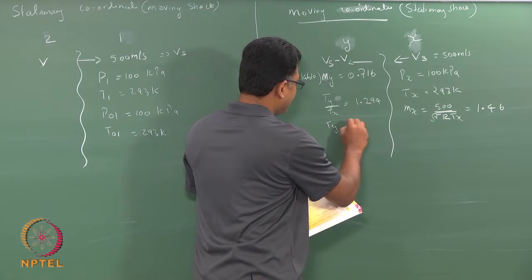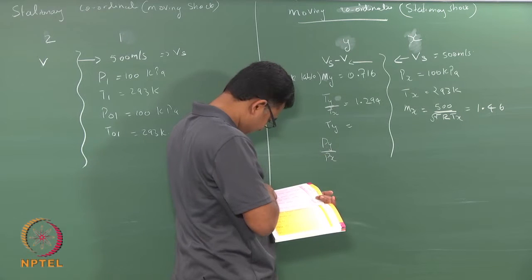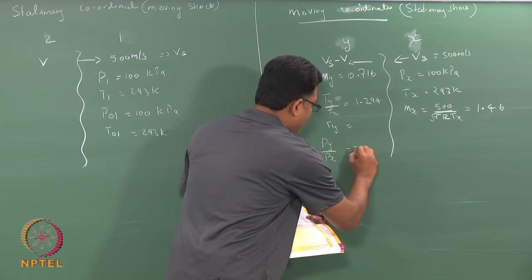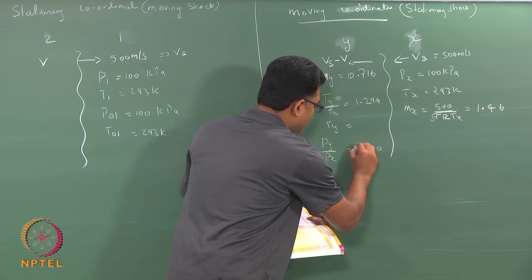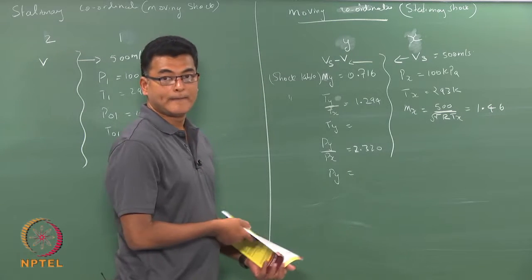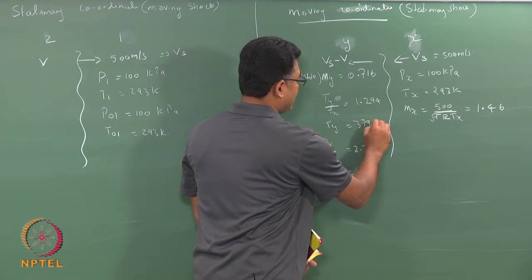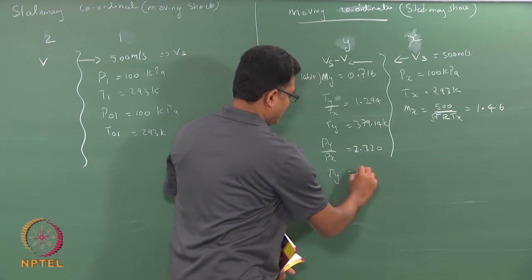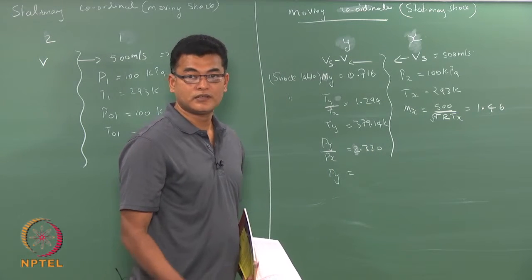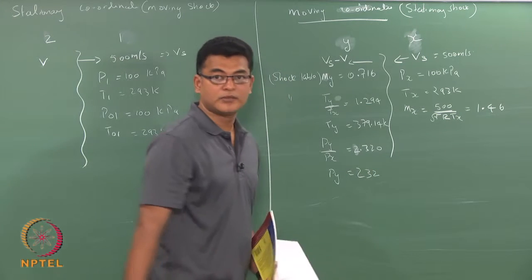Hence my Ty is, and likewise my Py by Px is 2.320, and hence my Py is 379.14 Kelvin, and Py is 2 kilopascal.